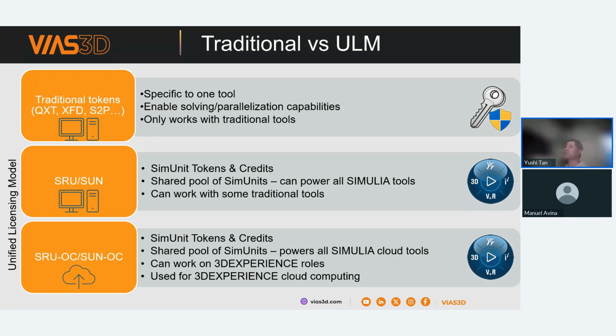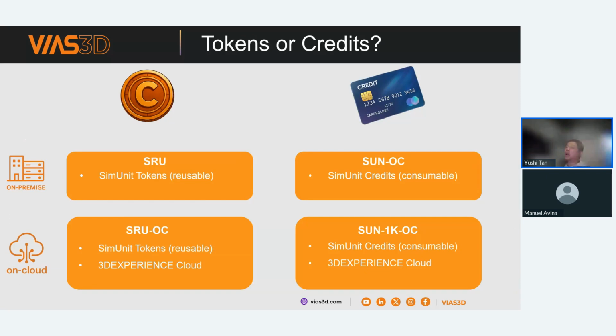Now, how do you decide whether I should use token or credit, right? And like I said, the on-premise option and also on-cloud option will be applicable, but currently CST is not taking advantage of the cloud credits or tokens yet, but it is on the roadmap. So stay tuned for more information. Now, when we talk about SRU tokens, right?